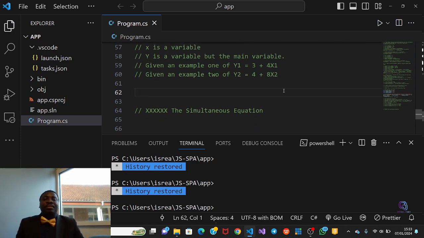So we have these examples. Y1 is equal to 3 plus 4x1. Y2 is equal to 4 plus 8x2. One thing about using a simultaneous equation is you have to form another formula for it. Maybe you can use your y1 or you can use your y2 and make the formula possible.